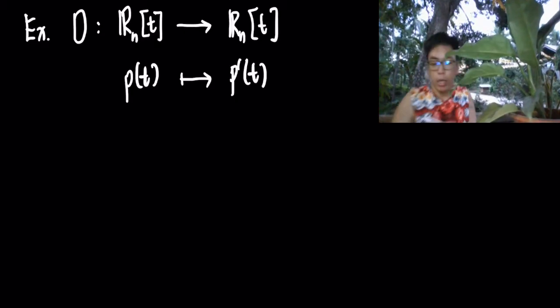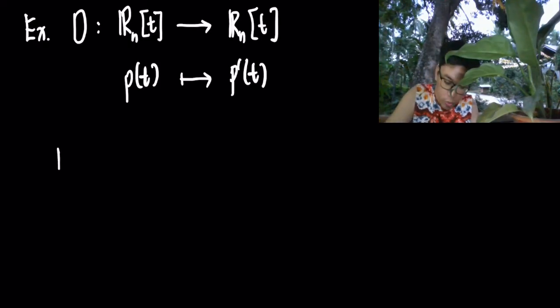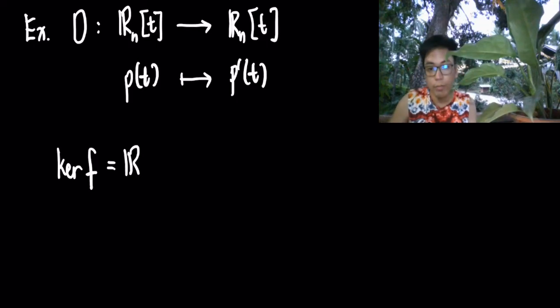Okay, so if you take a look into this, the only way we can send a vector from the domain to the 0 vector in your codomain is when you have 0 as the derivative of that polynomial. And the only way we can have a 0 value for a given derivative is when that polynomial is a constant polynomial. So in this case, the kernel of f is equal to R.